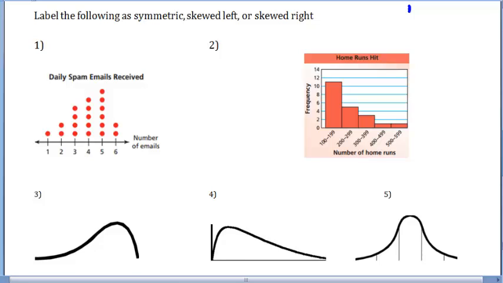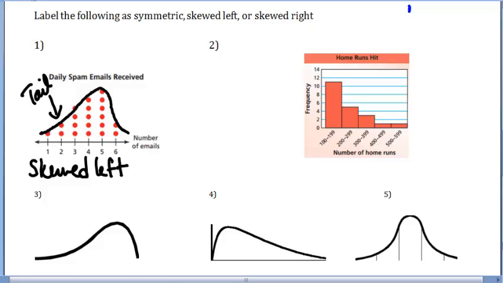I want to see the bell curve line on whichever problems you do. This is the first one. This is where the tail is. I want you to label the tail. So this is skewed left, and data is mostly on the right.